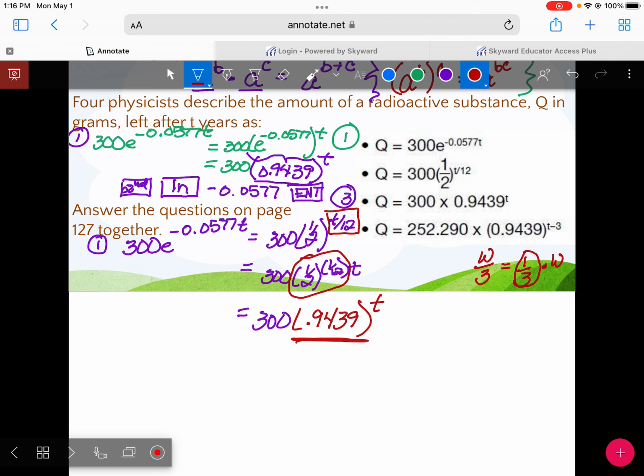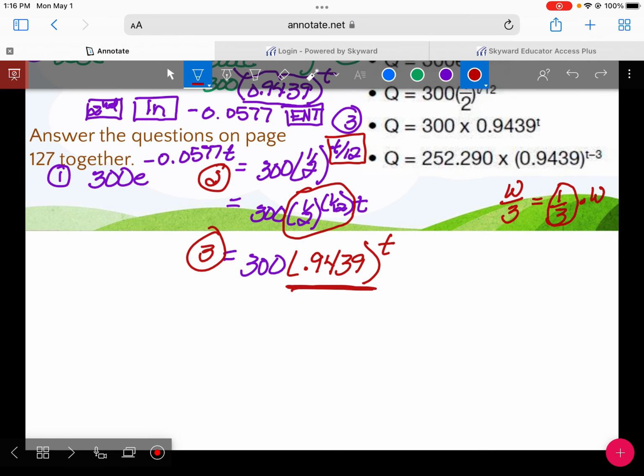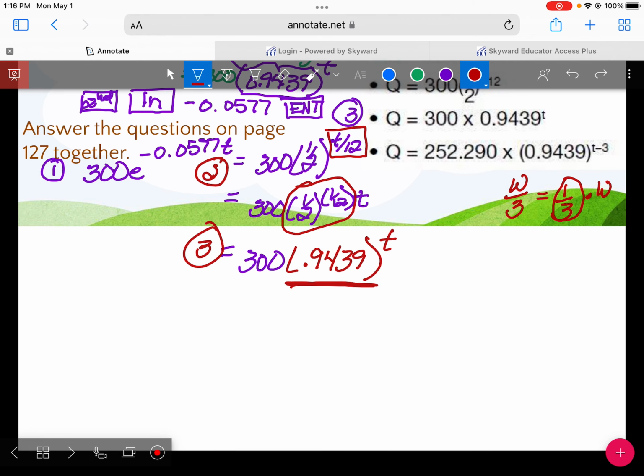Okay, so this takes me from 1 to 2 to 3. Okay? 1 to 2 to 3. And the last one. Yuck. This one is the worst. So 300 times e to the negative 0.0577t.